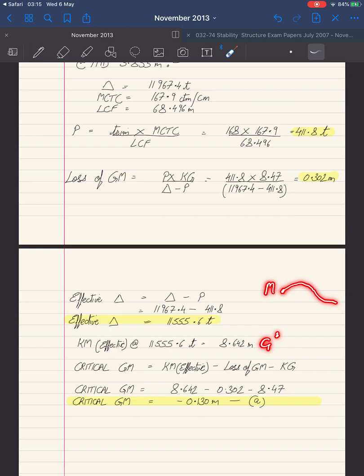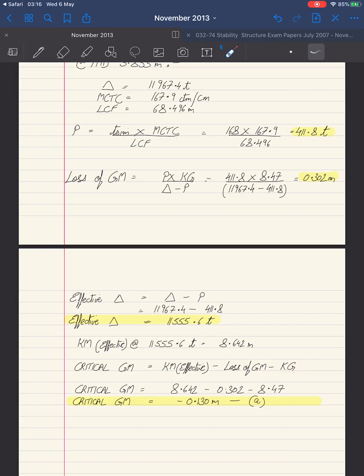Now the only thing remaining is the movement of G, which we know always moves upwards. After taking into consideration the movement of M, which we did by finding the effective KM, we will now take into consideration the movement of G. So we can say that critical GM is KM effective minus loss of GM minus KG of the vessel.